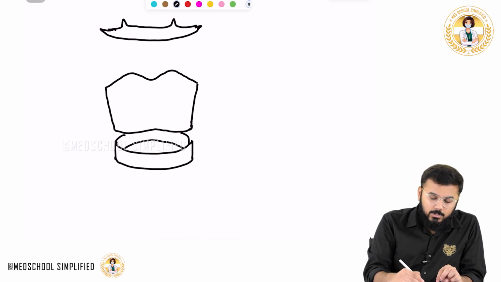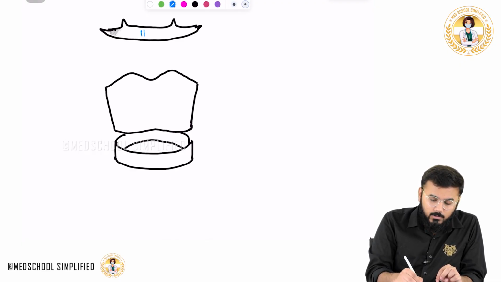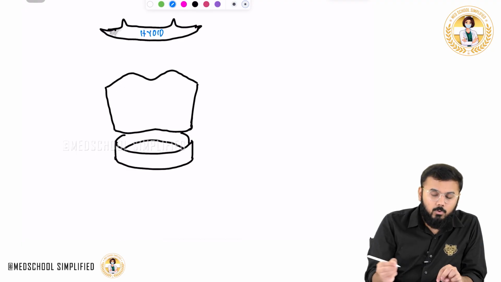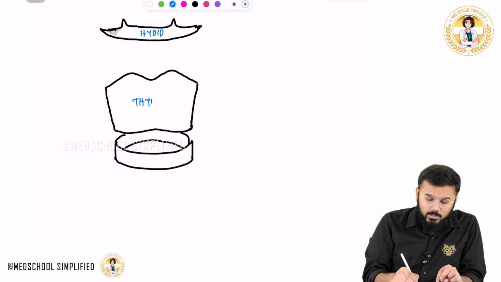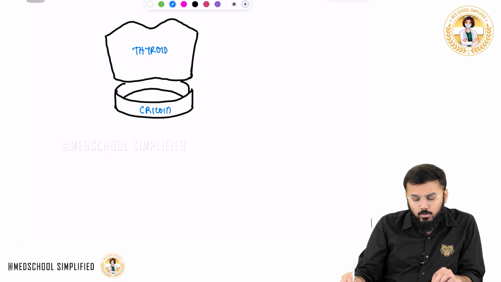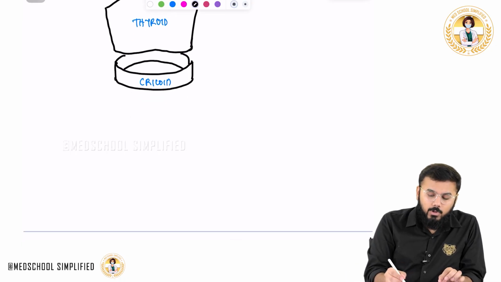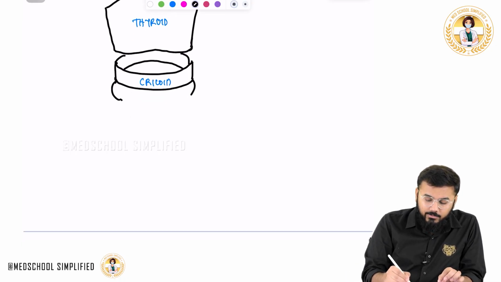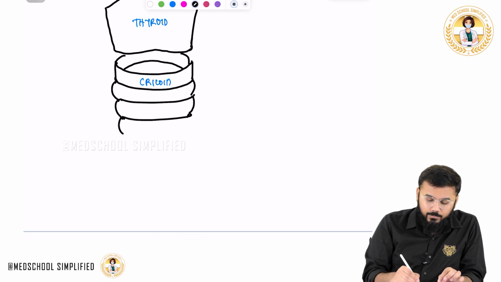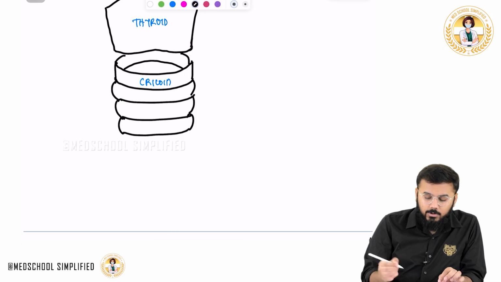All of you should know that this is your hyoid bone, this is your thyroid cartilage, and this one is your cricoid. Just beneath the cricoid, you have your tracheal rings.